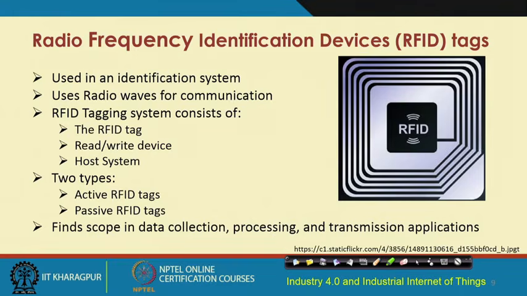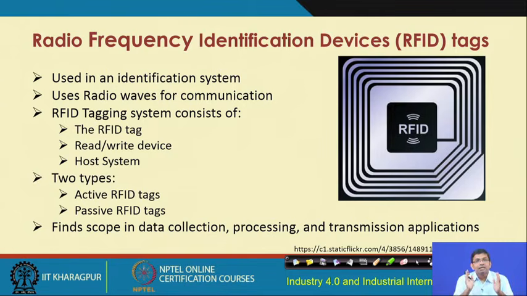RFIDs basically will have two components, and this is something that we have looked at in a previous lecture on RFIDs in detail. So, there are primarily two components. One is the RFID tag, which will have different data that are basically embedded or stored in them, and the RFID reader, which will come in close proximity of the RFID tag and would be able to extract the information that is stored in the RFID device or the RFID tag.